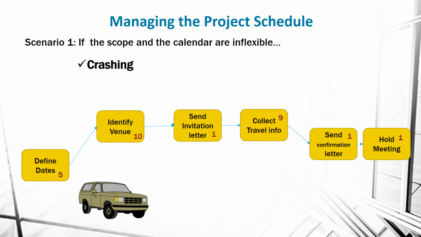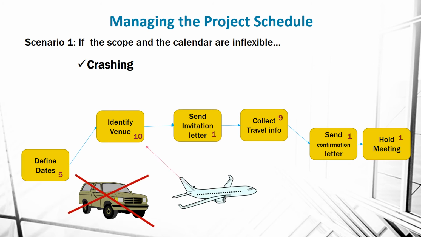Unfortunately, there will be delays to activities on your critical path. In those cases, you have 2 options. The first scenario is crashing. Crashing refers to adding additional resources to my project in order to reduce the amount of time it's going to take for each activity. So for instance, if I have a delay on my critical path, I can decide to crash identifying the venue. Instead of taking a Jeep to identify the venue, I'll book a plane ticket.